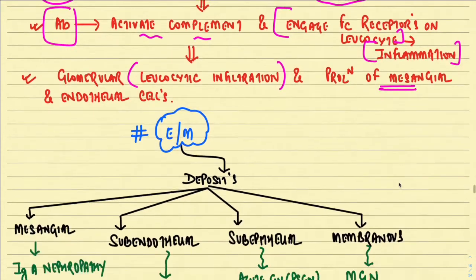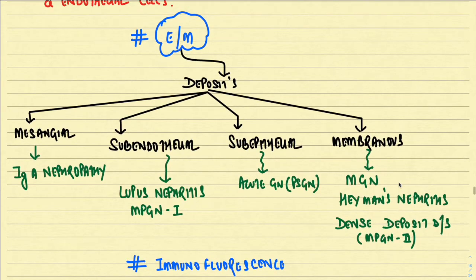This is going to cause glomerular leukocytic infiltration and proliferation of the mesangial cells as well as the endothelial cells. Just to sum up whatever we had read before, under the electron microscopy, if we see the kind of deposits, mesangial deposition predominantly occurs in IgA nephropathy. Subendothelial deposits classically occur in lupus nephritis or membranoproliferative glomerulonephritis type 1, also called MPGN1.